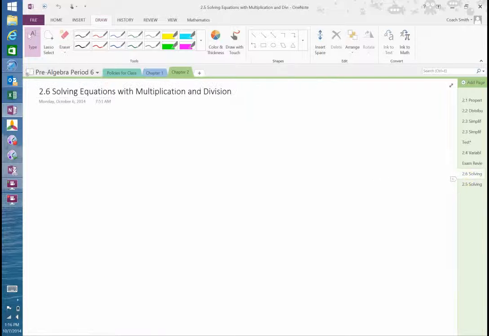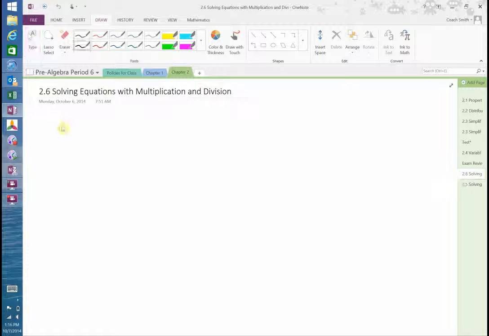All right, today we're talking about 2.6, solving equations with multiplication and division. Same thing that we talked about yesterday. Maybe some of you didn't understand, but obviously weren't where we needed it to be.